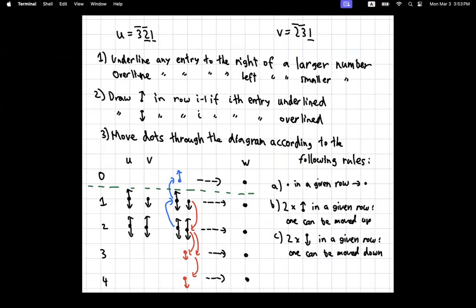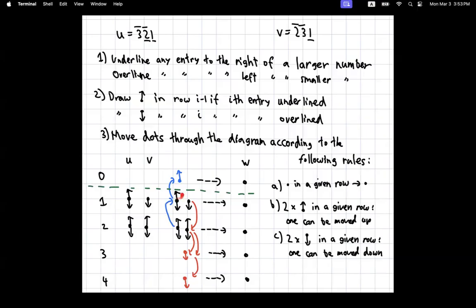And then you can move the dots through the diagram according to the following rules. So here they are again, I just put them next to each other. Whenever I have two up arrows in the same row, for instance, this row, I can move one of them up. And I'm going to push them up as much as I can. So I push one up to this row.